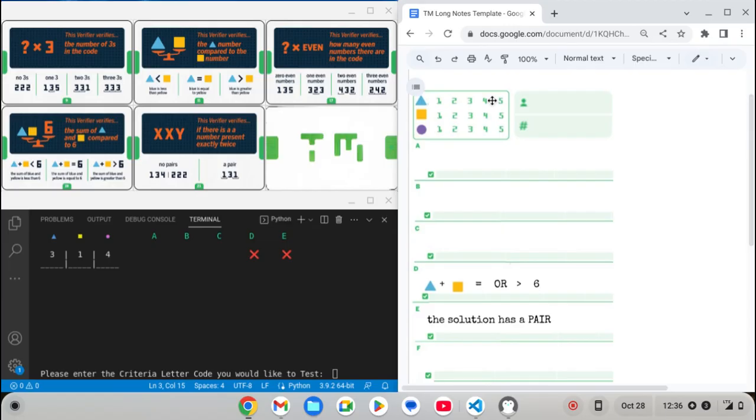So it's either going to be equal to or less than. Or sorry, square should be greater than. Well, let's go ahead and test criteria card B.